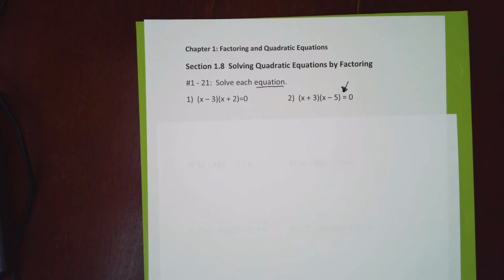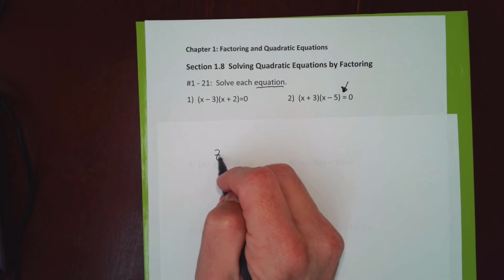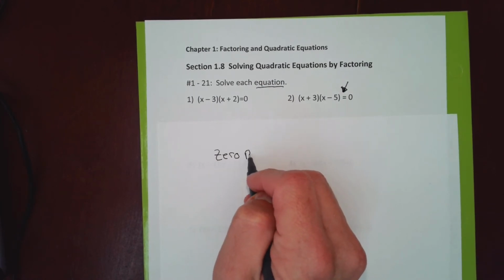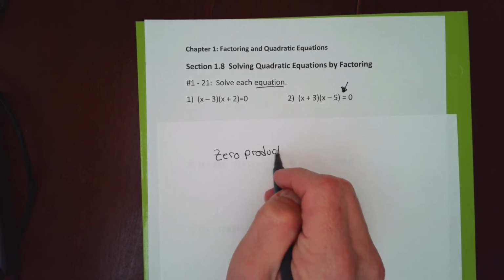For each of the problems in section 1.8, we're using a property of numbers. I guess it's like the zero product property. I don't know if that's exactly the name, but it's a name that's suitable.